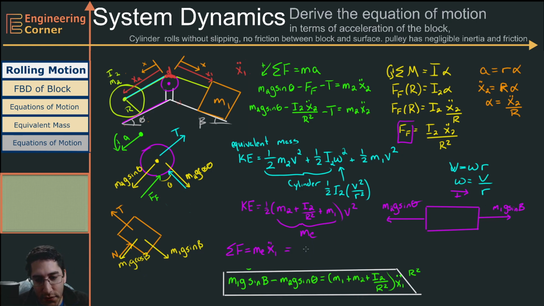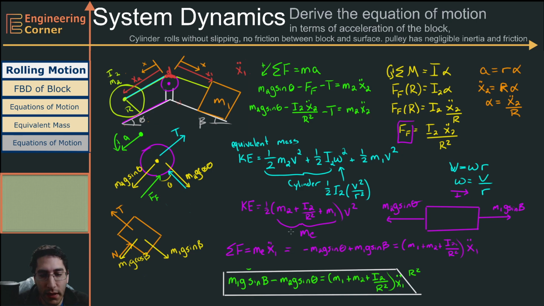I get this is equal to minus m2g times the sine of theta plus m1g times the sine of beta. That is this side right here. Equals my equivalent mass. So let's write it m1 plus m2 plus I2 over r squared times the acceleration I'm looking for, so x1 double dot. So that's the equivalent mass method.